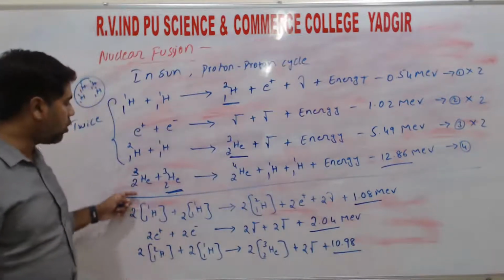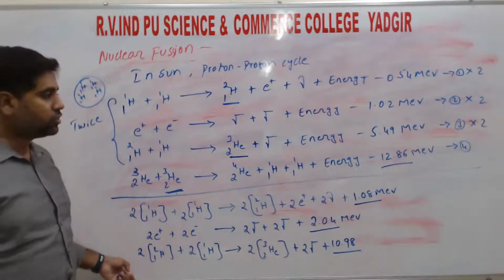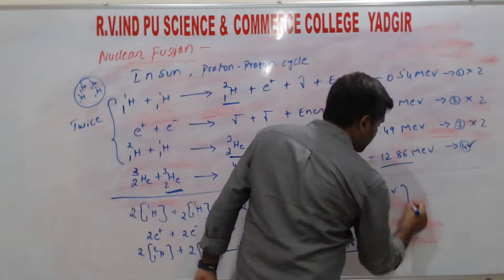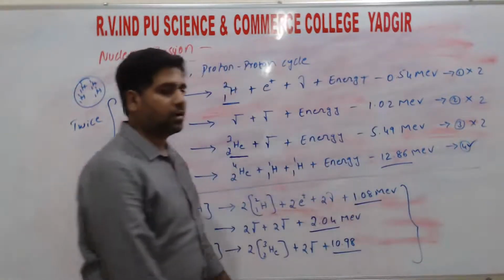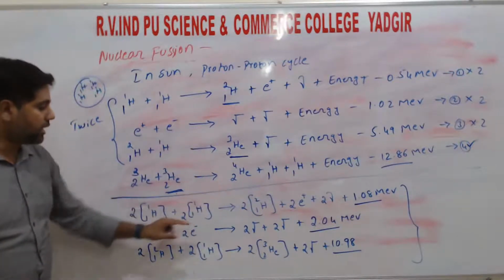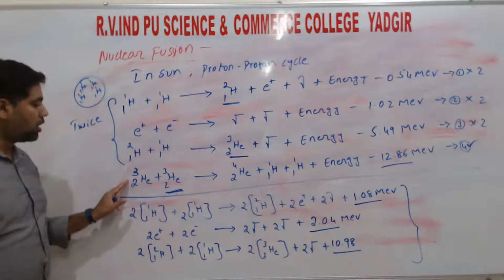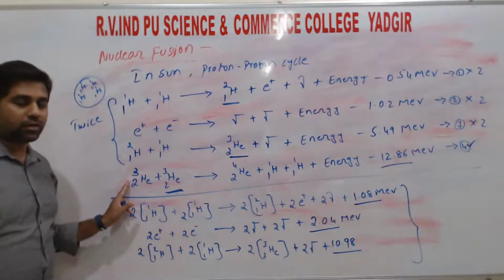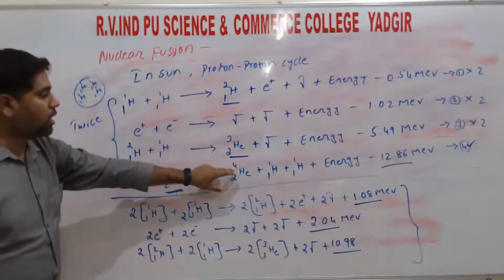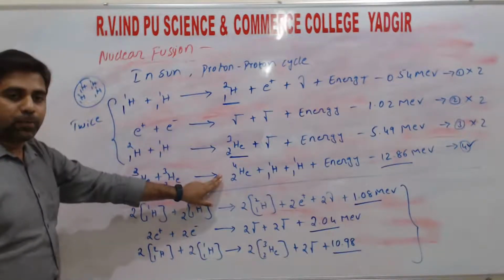So if we combine all these 4 reactions together, that means this one is the 4th reaction along with these 3 reactions, right? Either we can write like this or we can directly write this form along with the 4th equation. So this gives the proton-proton cycle. This is for understanding purpose, I will explain here.